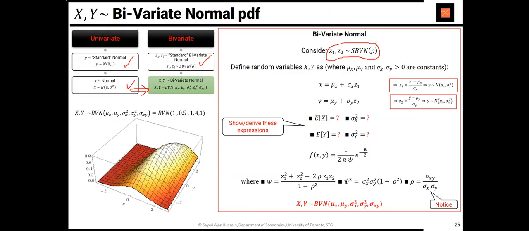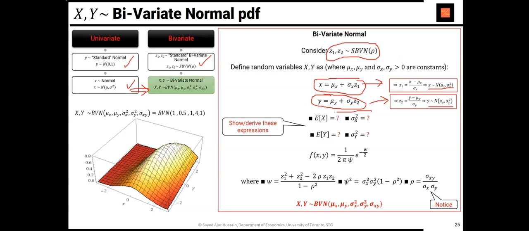So I start with Z1, Z2, that's standard bivariate normal. I define an x, which is like this. I define a y, which is like this. And by the way, boys and girls, it's 2 seconds of work to show these things right here. And you notice that if I define x and y this way, x is a normal distribution, y is a normal distribution with those means and variances which you defined over here.